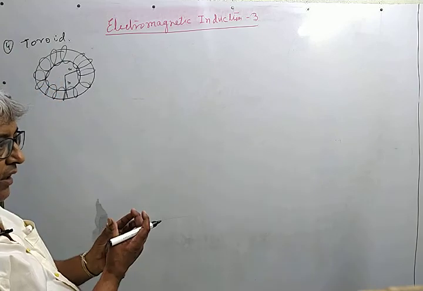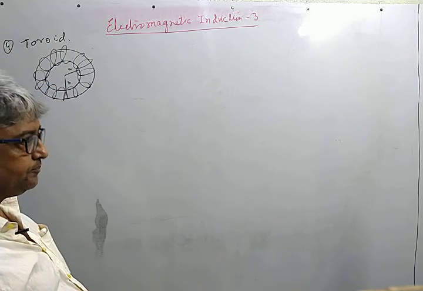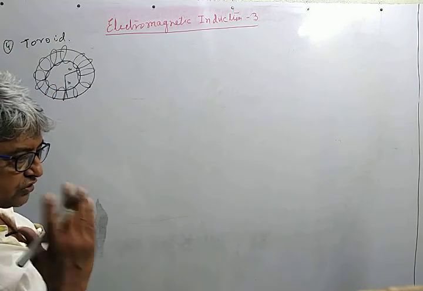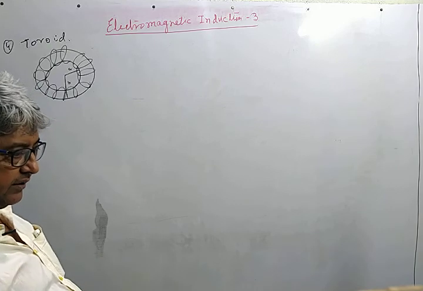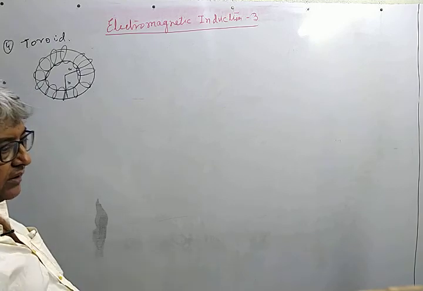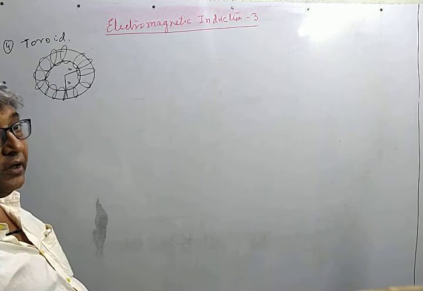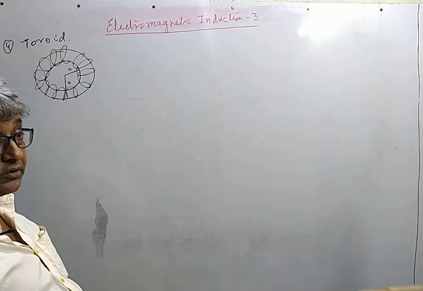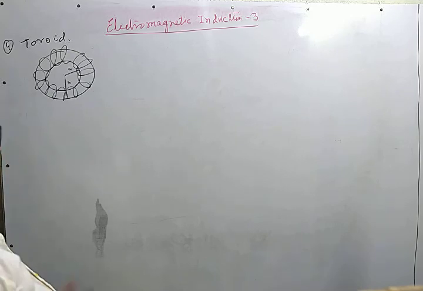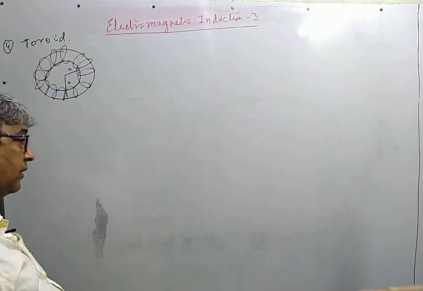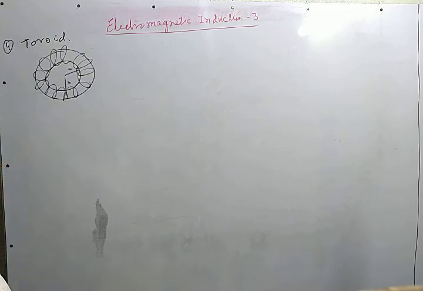If we take a rubber slab whose cross-sectional area is a rectangle and bend it in the form of a circle, then it is called a toroid of rectangular cross-sectional area. If the cross-section of the rubber tube is square, then we call it a toroid of square cross-sectional area.